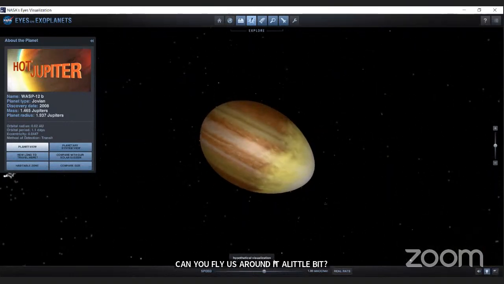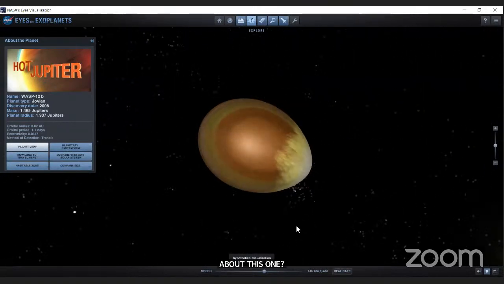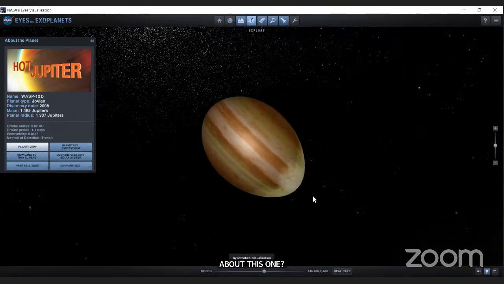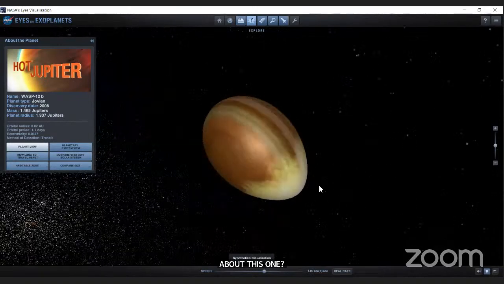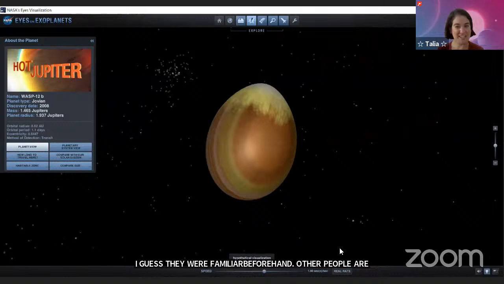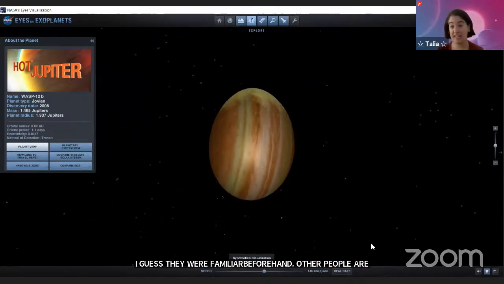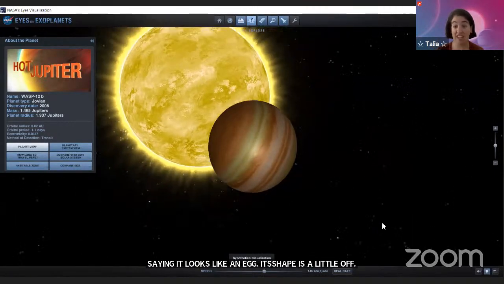Well, we have one person saying they love WASP 12b, so I guess they were familiar beforehand. Other folks are saying it looks like an egg. Its shape is a little off. Definitely egg shape. So this planet is so close to its star and it's a gas planet, which means it's not solid.